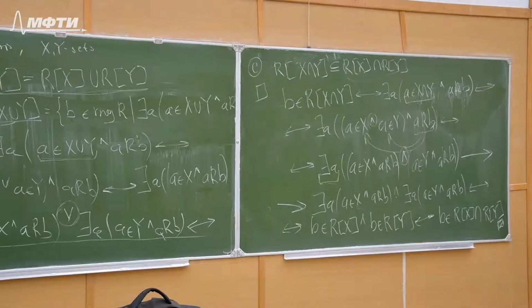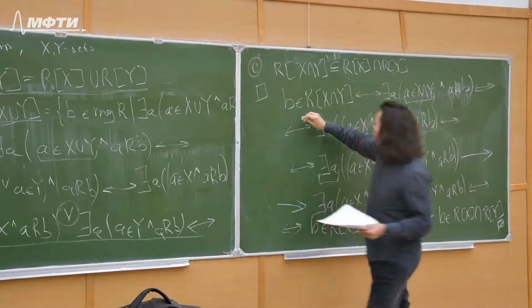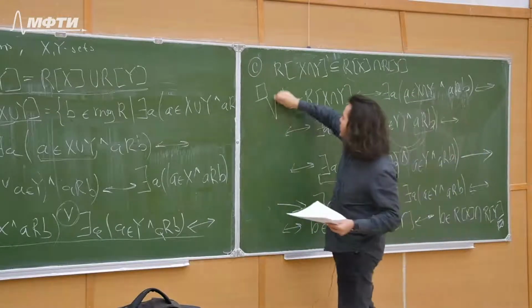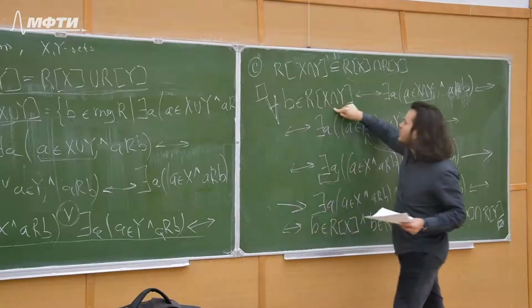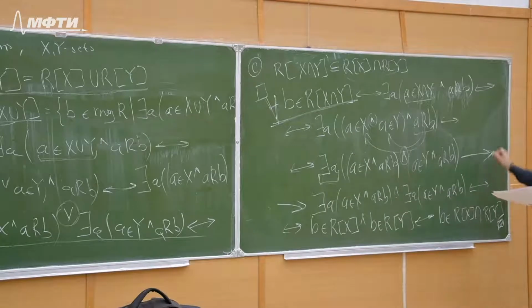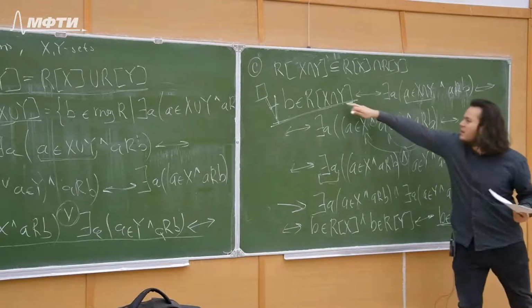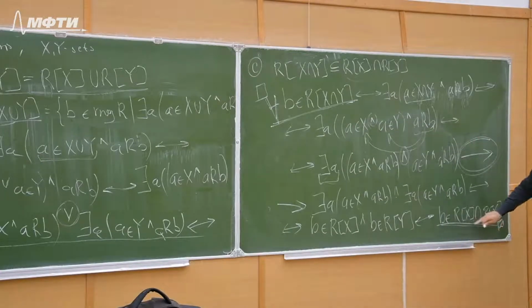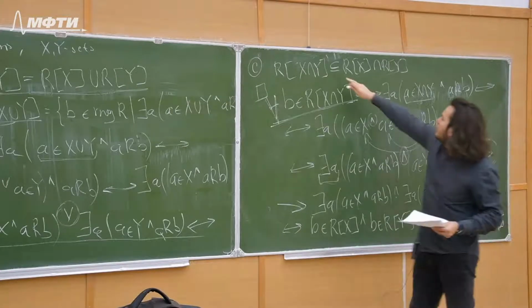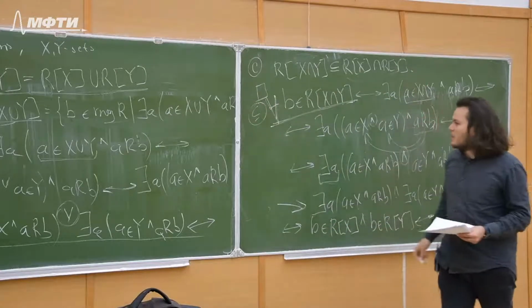That's it. Look what we proved: for all B in this set, it implies that B belongs to this set. So this set is a subset of this one, but not otherwise. Okay, so we proved this. So this is C, it's checked, good.